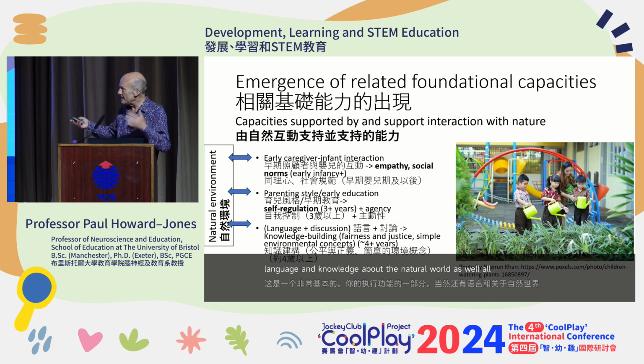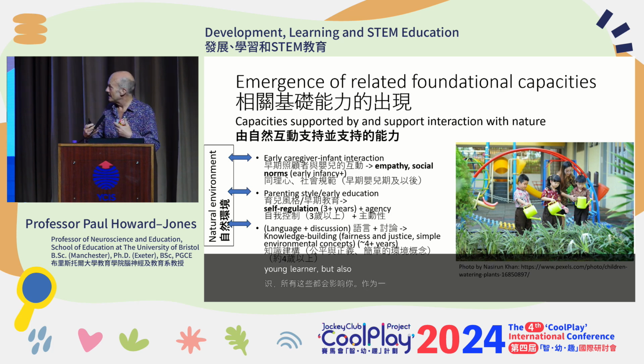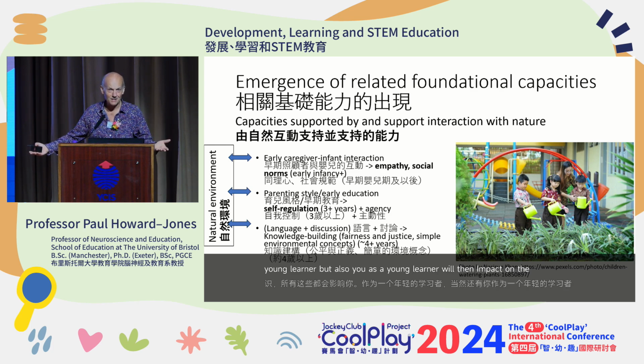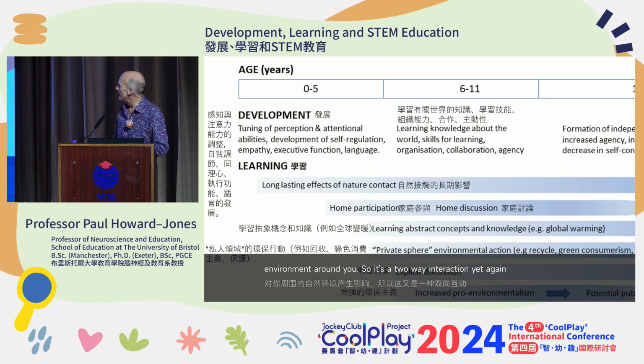All of those things impact on you as a young learner, but also, of course, you as a young learner will then impact on the natural environment around you. So it's a two-way interaction yet again. If we just focus down on some of the things that I found when I looked at the research, one of the strongest insights was these long-lasting effects of contact with nature.